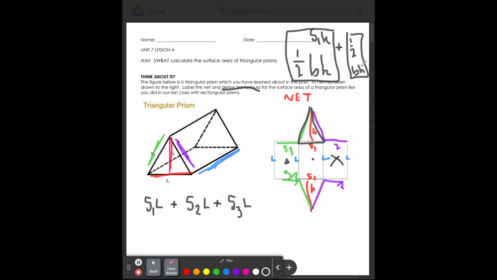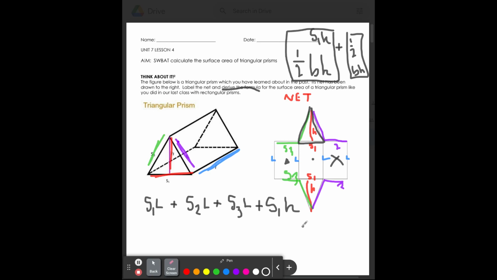So that means if I add these 2 other faces together, these 2 triangles together, it would just be equal to side 1, which is the base of that triangle, times whatever the height of the triangle is.